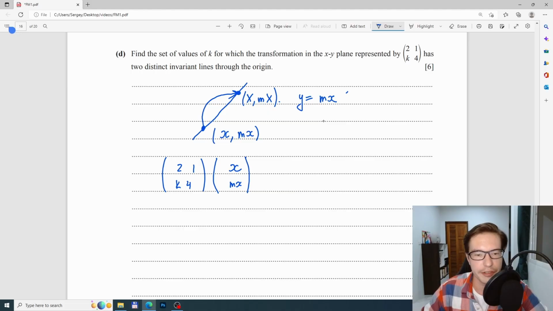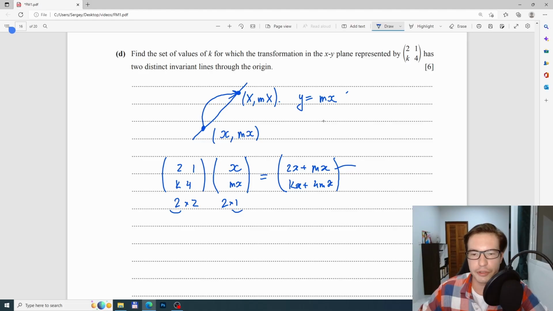Let's multiply this matrix. The first one has dimensions 2 by 2, and the second one is 2 by 1. So our result should be a 2 by 1 matrix, of course. When I multiply these matrices together, I've got 2x plus mx, and then kx plus 4mx.